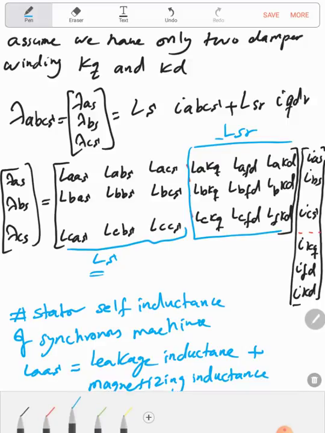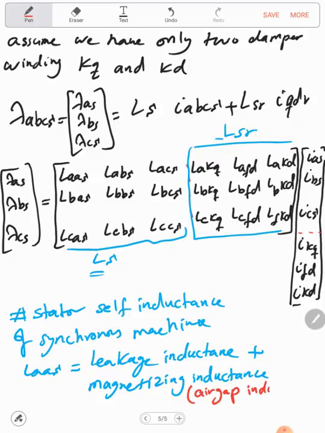Or sometimes we call it the air gap inductance. So simply, this means that LAAS will equal LAL, the leakage inductance, plus LAG, the magnetizing inductance or the air gap inductance.